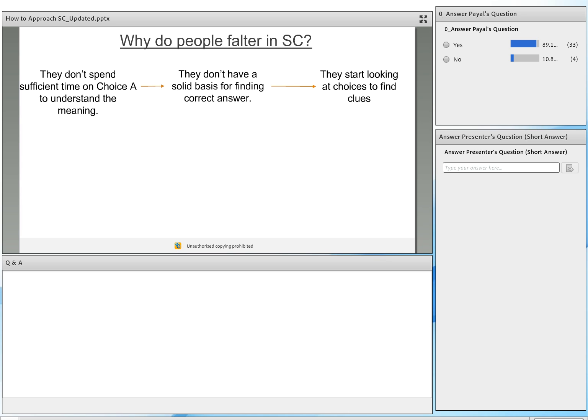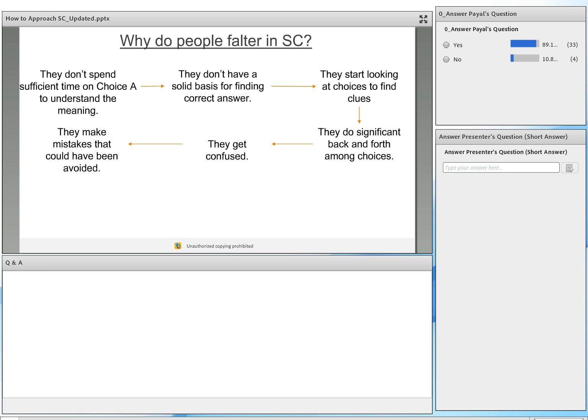In the process, they do reject a couple of answer choices, 2 or sometimes 3, and they take that as their victory. Oh, I rejected 2 choices. Oh, I rejected 3 choices. But really, that's not a victory. They do significant back and forth among choices, they get confused, and they make mistakes that could have been avoided. How many of you have gone through this cycle here?